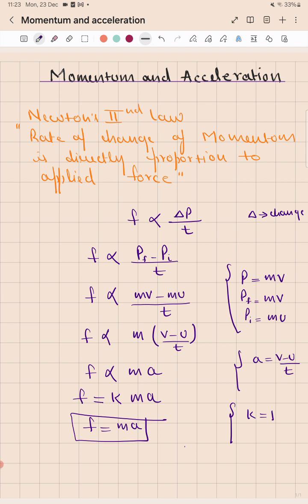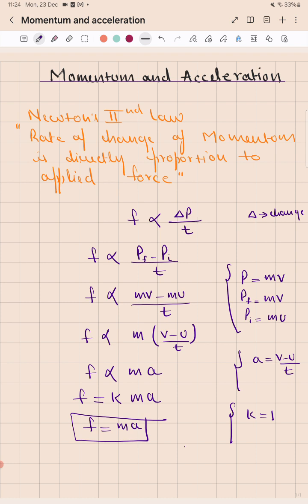If you're not getting these words, let's take a simple example. You are sitting somewhere watching the video, right? Your body is stationary, but once you start walking, there's a change in momentum. How does this momentum change? Because you applied force, right? When you are sitting, your velocity is 0, which means your momentum is 0. You are stationary, your acceleration is 0, you're not applying any force.